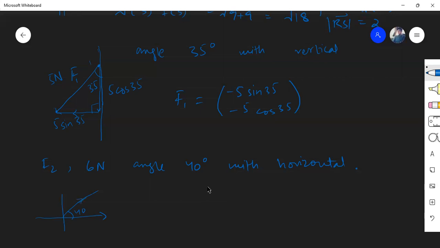Now, how will you represent this 6 newtons in a column matrix, in a column vector?